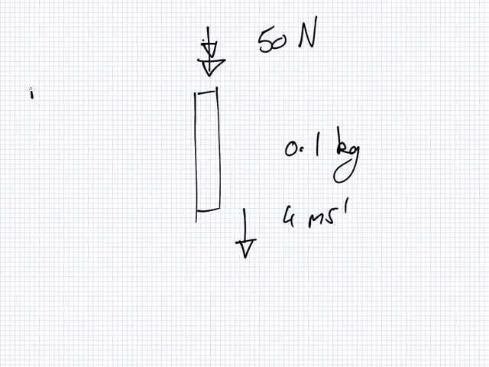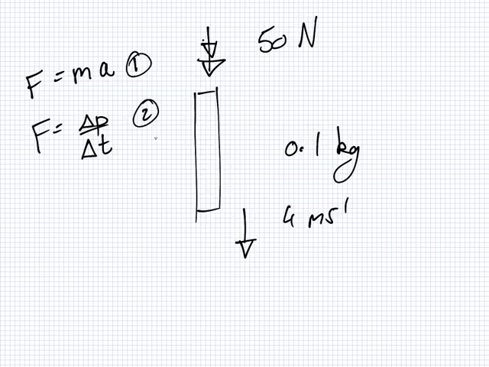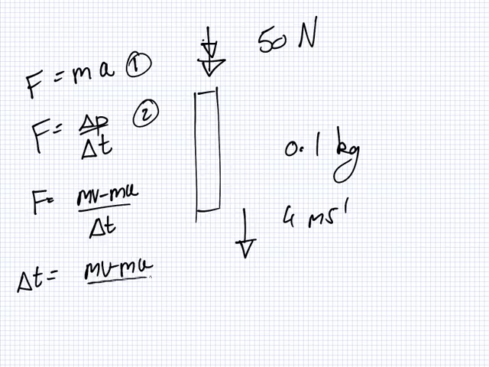So, we have F equals ma, and we also have F equals delta P over delta T. Which formula should we use to start? 1 or 2? 2, yeah. So F equals delta P, which is mv minus mu over t, and the t is what I want. So delta t equals mv minus mu over F.